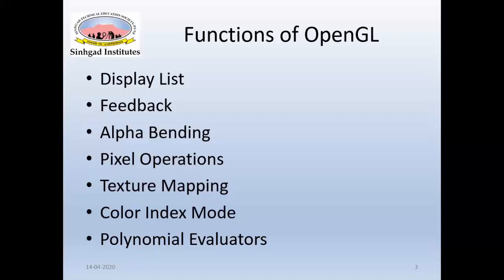Some of the important graphics functions of OpenGL are first, display list, feedback, alpha blending, pixel operations, texture mapping, color index mode, polynomial evaluators.